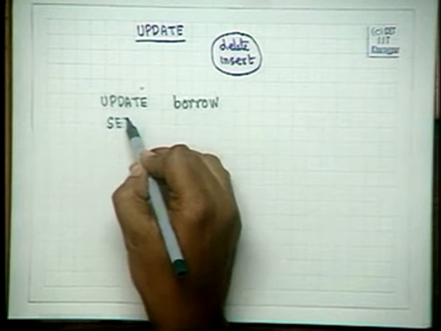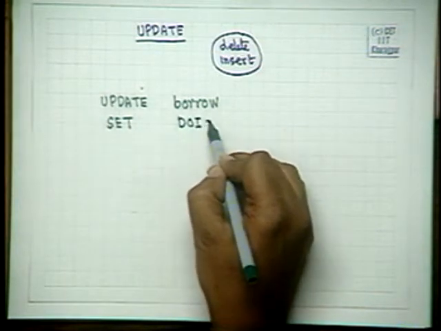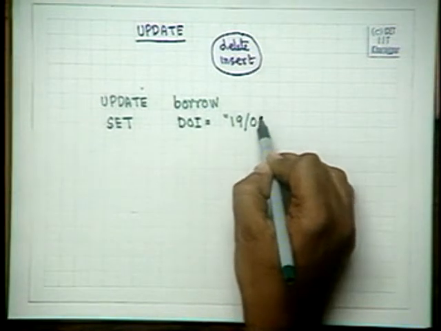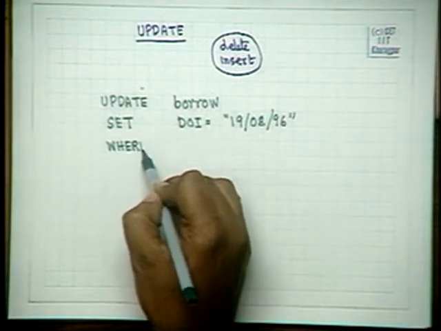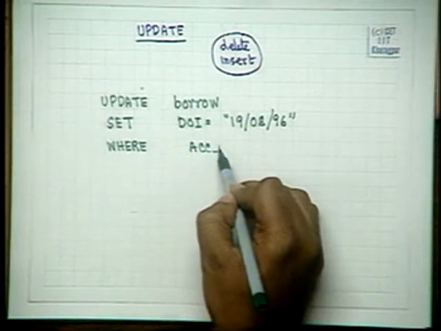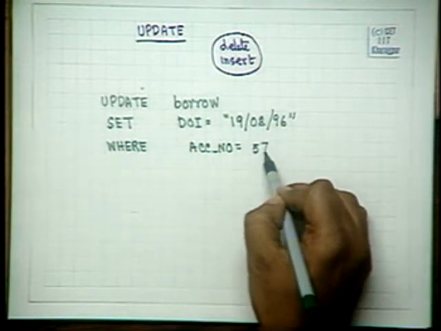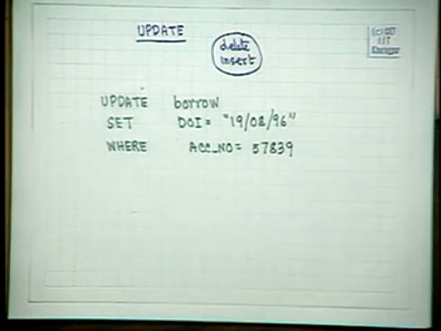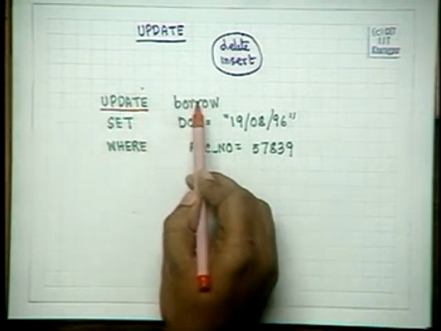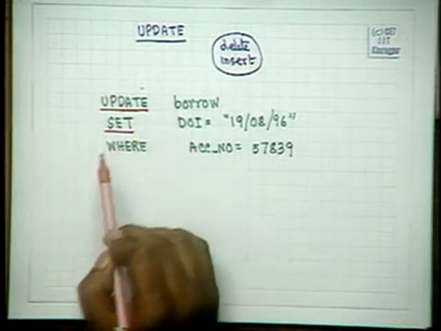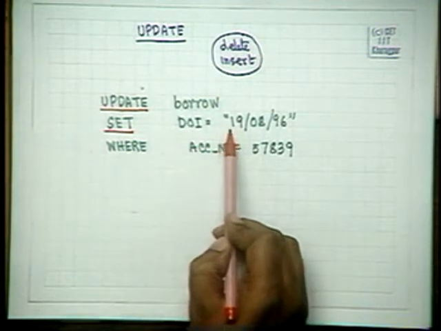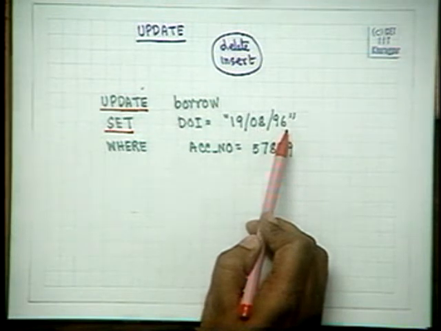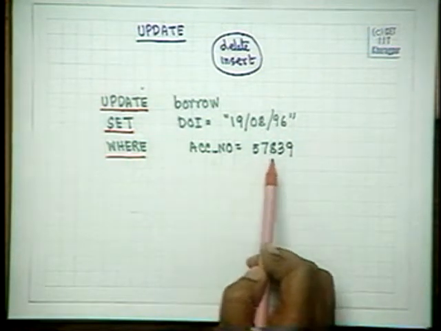And what do you do? You set date of issue is equal to 19/8/96, where accession number is 57839. You update the borrow relation, and when you update that borrow relation, you change the value of the attribute date of issue and make it 19/8/96, where accession number is 57839.